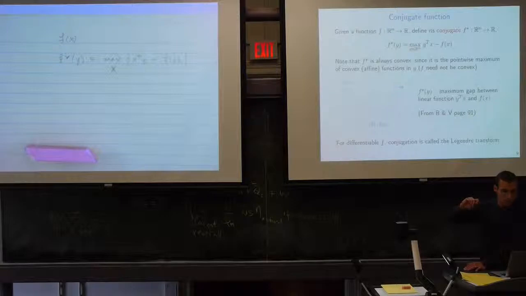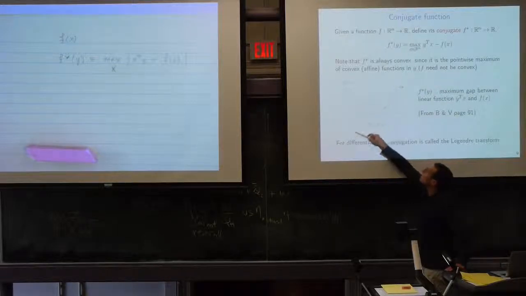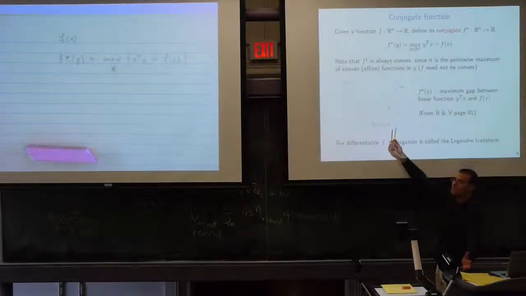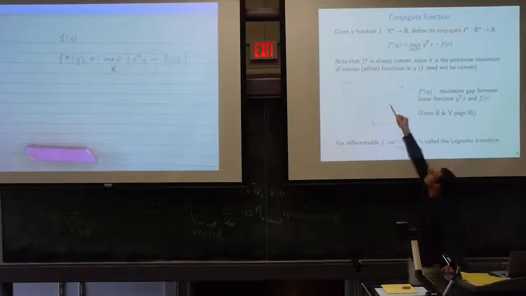In this example, I ask for the conjugate function at a point y. So I look at this linear function, x transpose y, so it's just x times y because I'm in one dimension. The line has slope y. I look at f of x, and I look at the biggest I can make xy minus f of x, and that occurs right here in this picture.